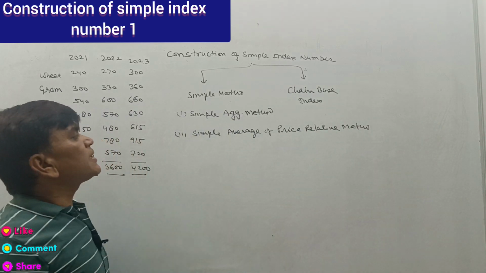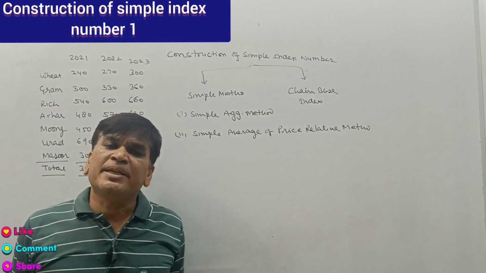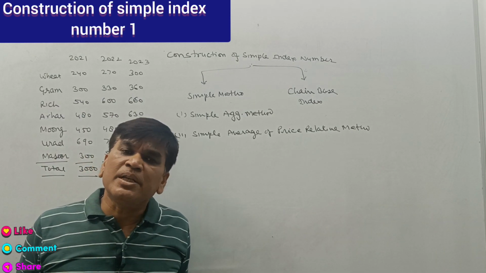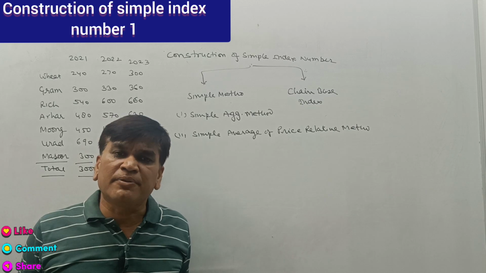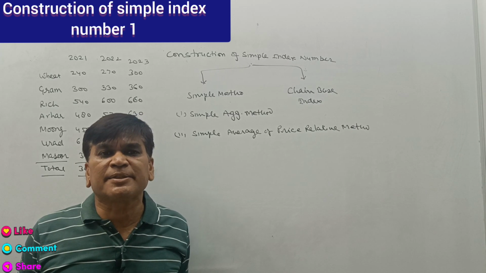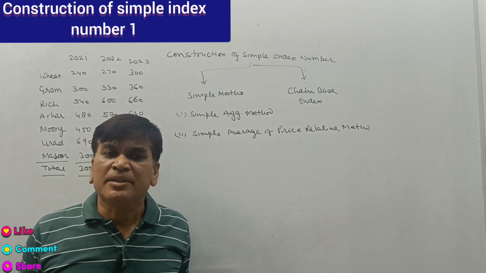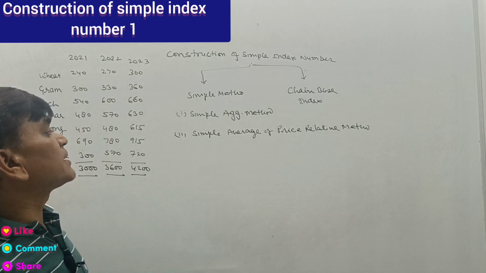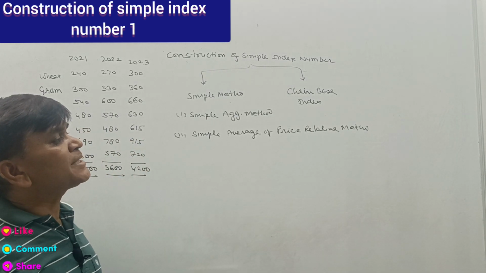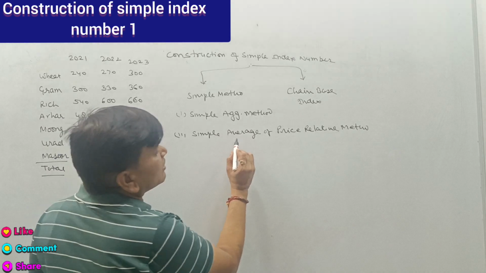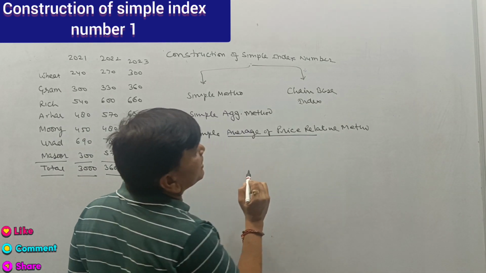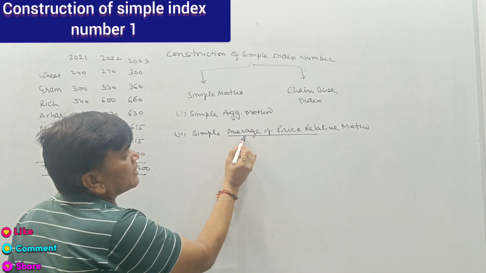As the first method is called the simple aggregative method, it means only on behalf of the total we will calculate the index number, that is called simple index number. The second method is called the simple average of the price relative method. On behalf of the average we will calculate the index number.